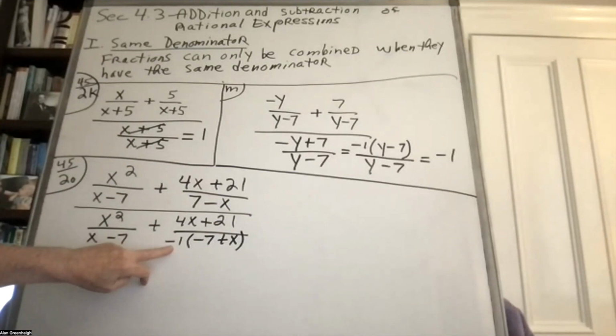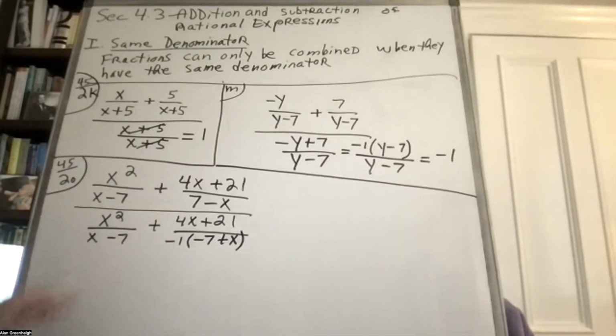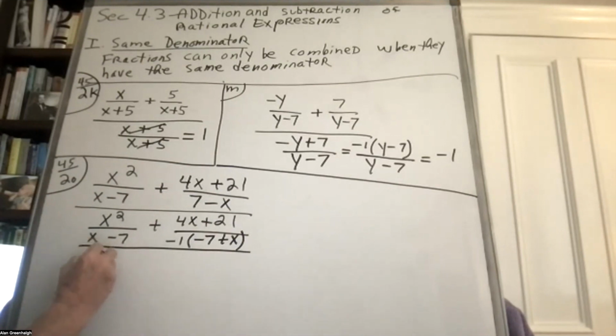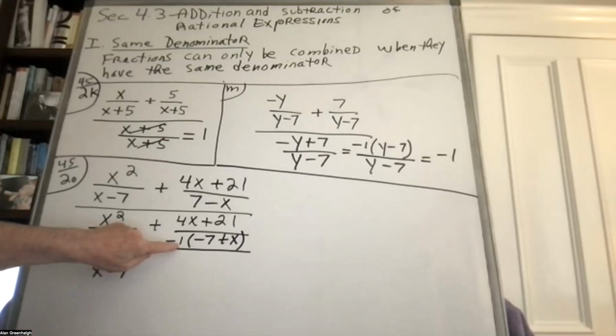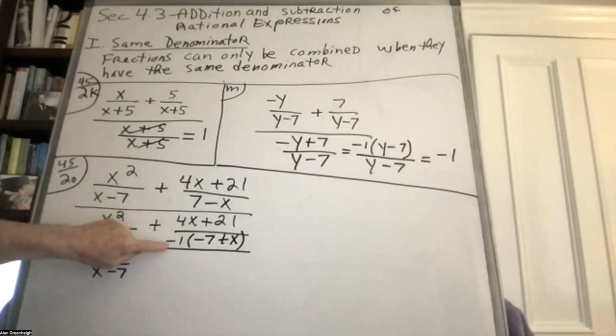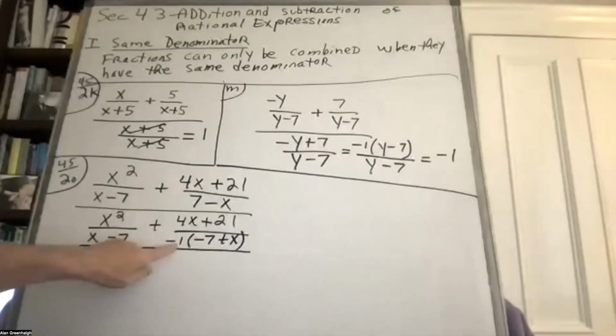Okay, now there's a couple of problems here. First of all, this is backwards from that. So in order to make this look good, I'm going to modify it in my own mind. First of all, that negative I'm going to put over there. That negative down there is doing no good for anybody.